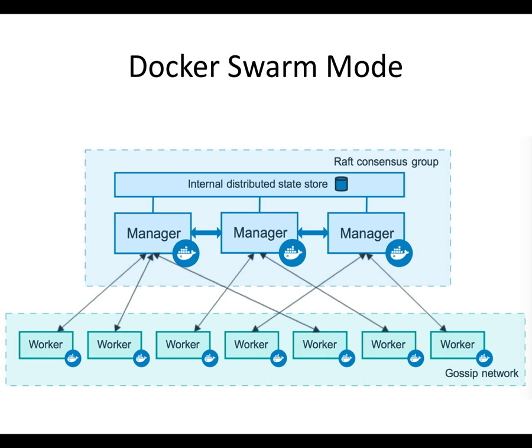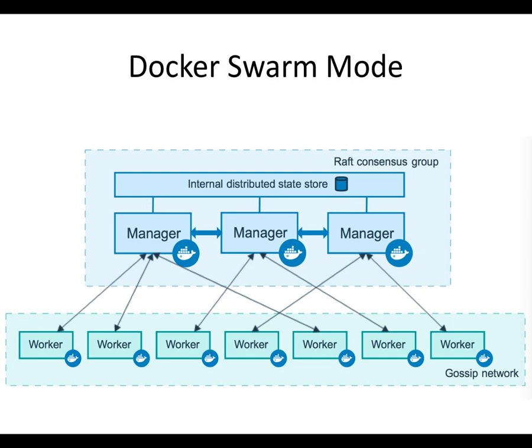Here's an example of a Docker cluster. We have, in this case, 3 manager nodes. These manager nodes control all of the activities within the cluster. And the manager nodes maintain state within the cluster as well. They act as that sort of key value store, that distributed database store.